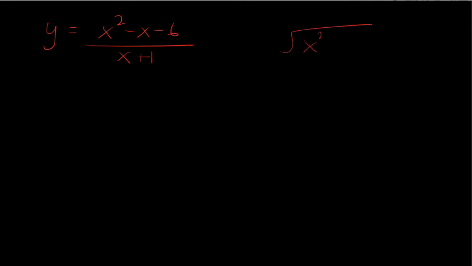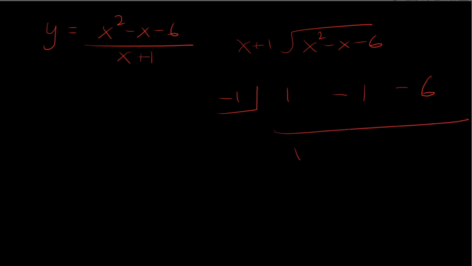So you can either choose to do this, or you can do synthetic division. I'm going to pick synthetic division because that's easier. So I have a remainder of negative 4. So I'm going to put that over x plus 1. So these two, the original and this, are equivalent.